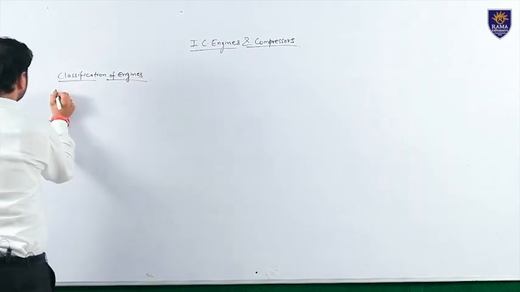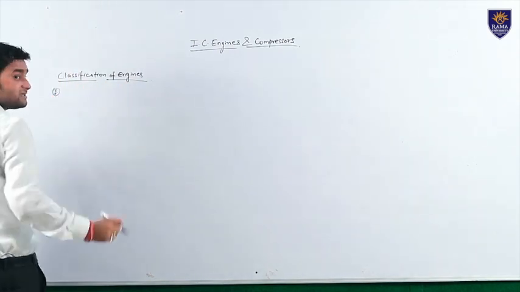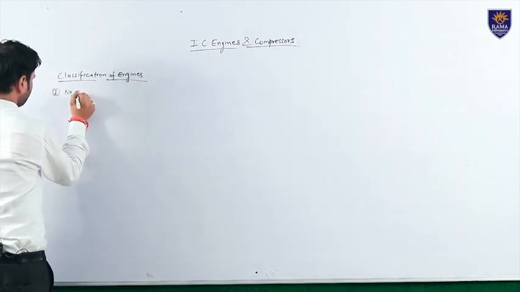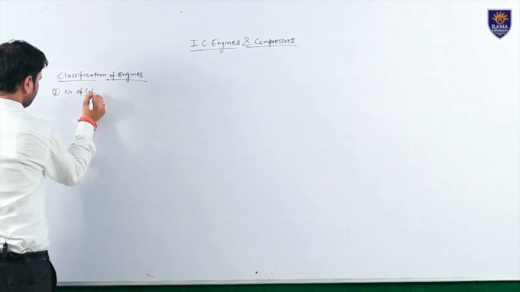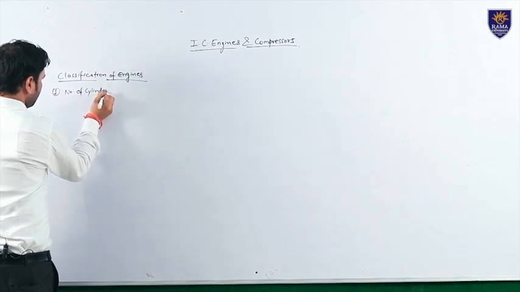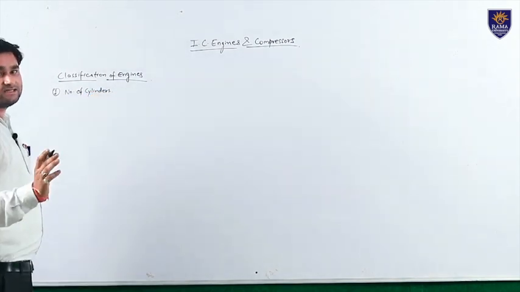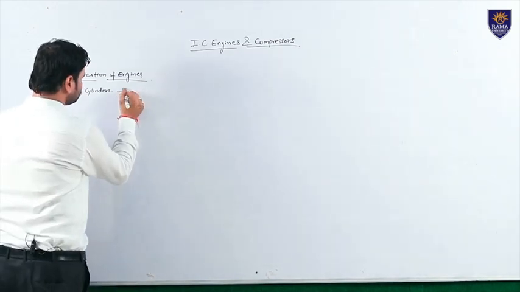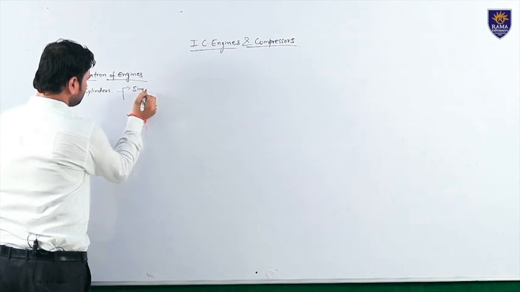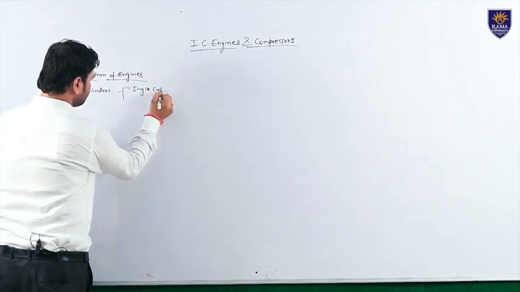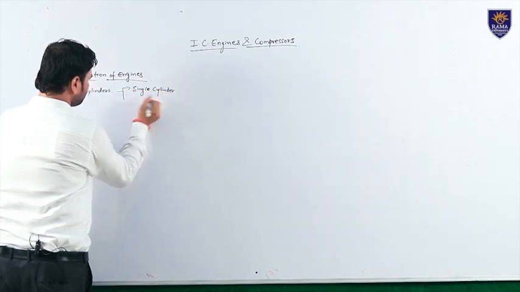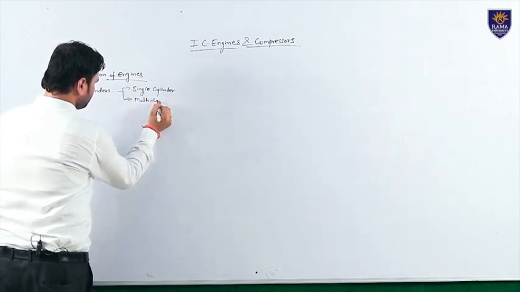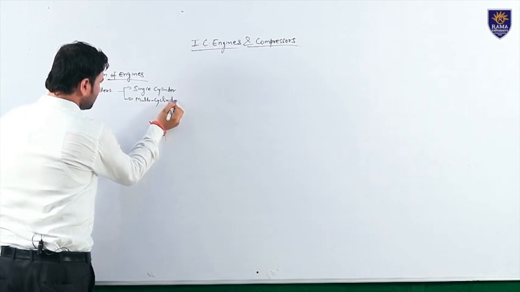Classification of an engine can be done on various bases. The bases are as follows. Number of cylinders simply means an engine can have a single cylinder or multiple cylinders.